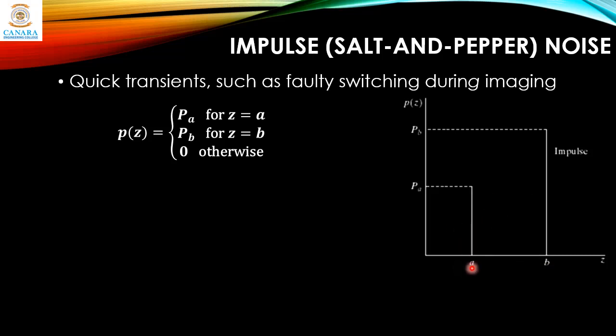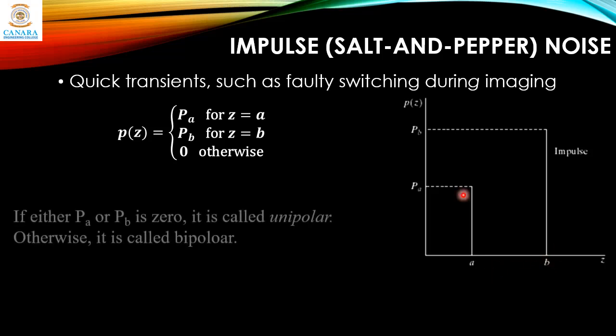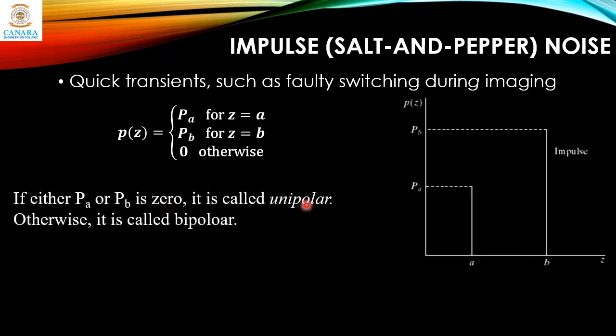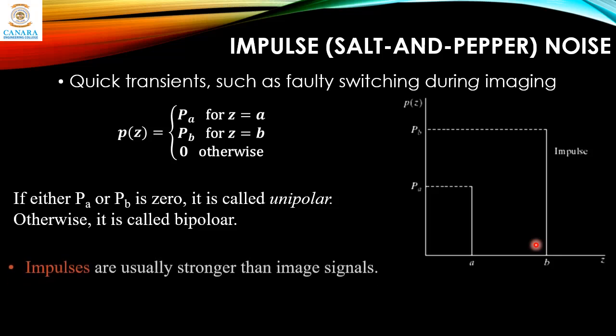High intensity at a certain location, not at all locations. If either PA or PB is 0, then it is called unipolar impulse, or else we can call it bipolar impulse.